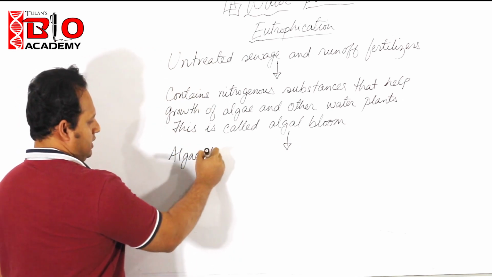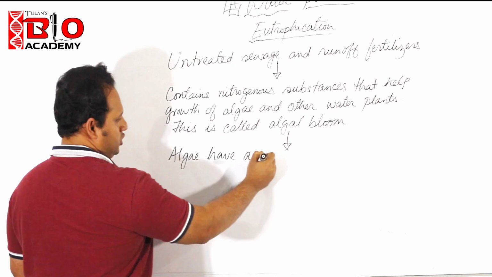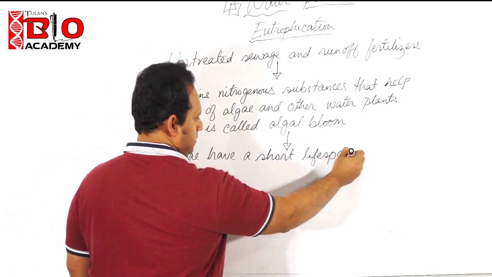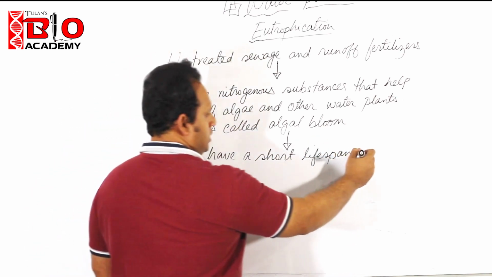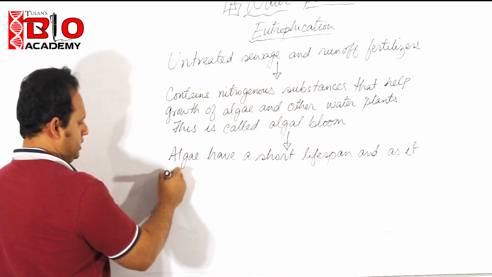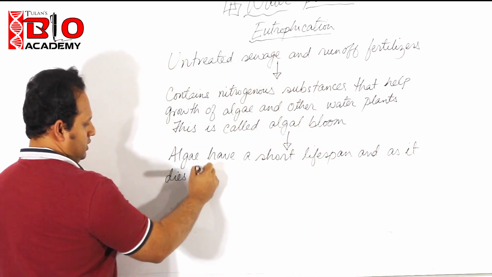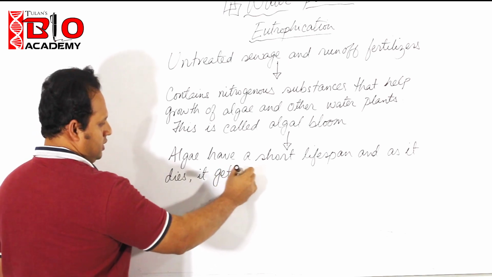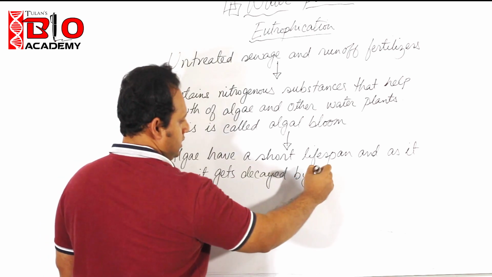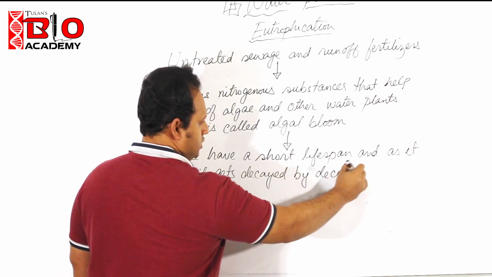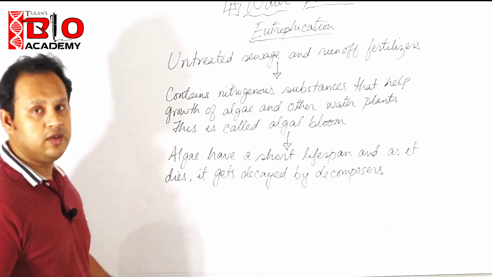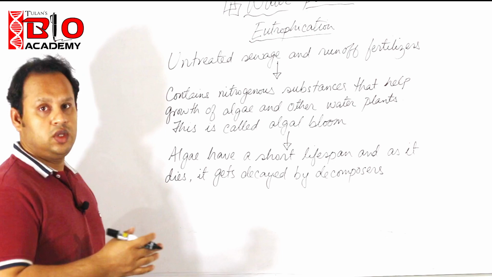algae have a short lifespan, and as it dies, it gets decayed by decomposers. Now remember, decomposers are everywhere. They are microbes, obviously, so they're found everywhere. So the decomposers are also in water.